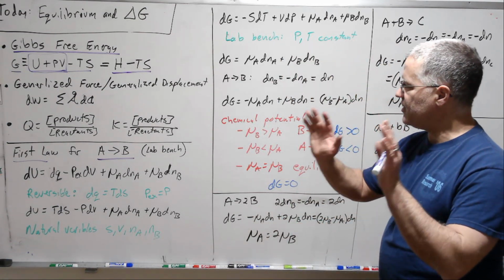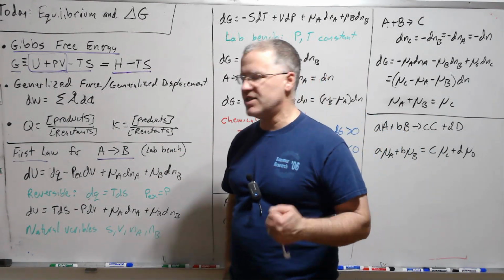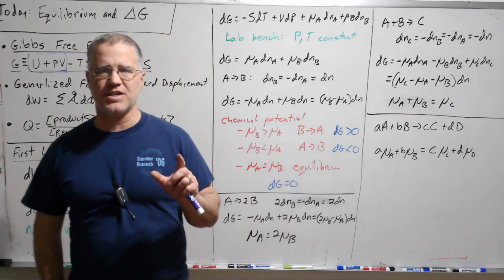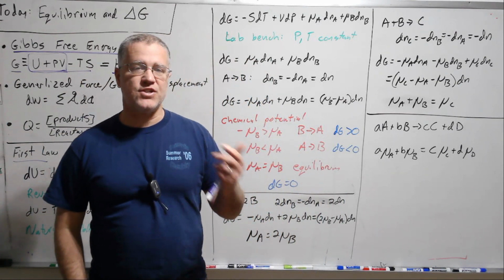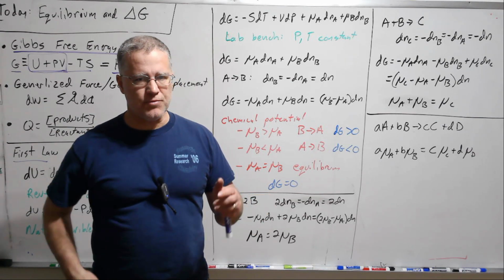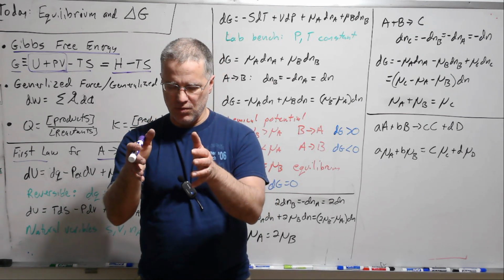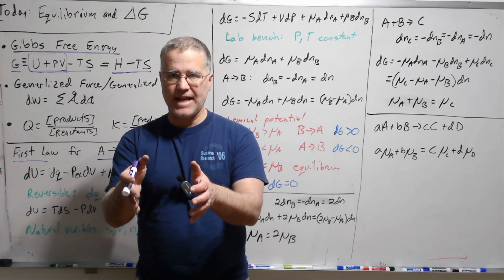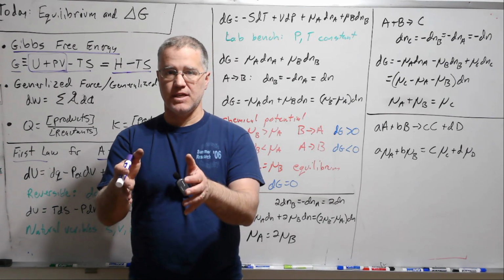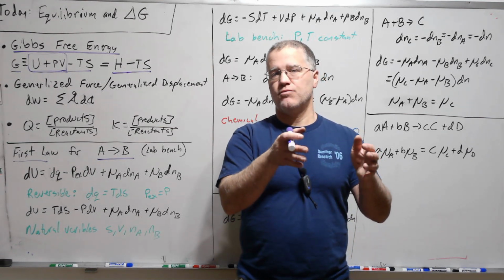We'll get to that. So in the lab conditions, what we really mean by lab bench conditions is the reactions done at constant temperature and constant pressure. Now, I think there's something that can be a little bit confusing here. Let's say we have a reaction that heats up. And we say, well, that's not a constant temperature. We have to remember what we're doing is we're thinking about the state of the reactants at a given temperature, pressure, concentration, and so on. And then the state of the products at a given temperature, pressure, and so on.